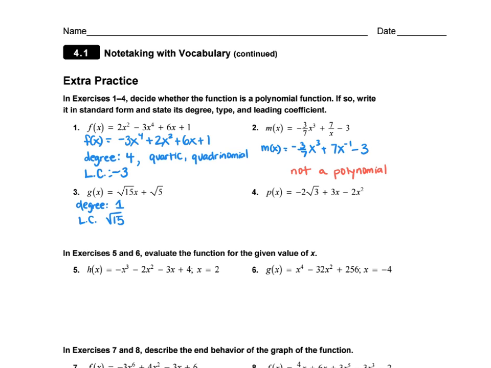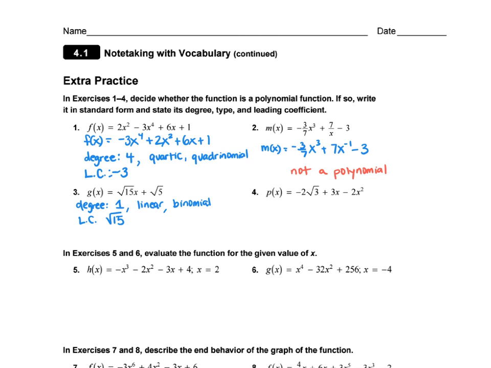And it has, let me see, so because it's degree 1, we call it linear. And it has 2 terms. So it's a binomial. Okay, that's it for question number 3.